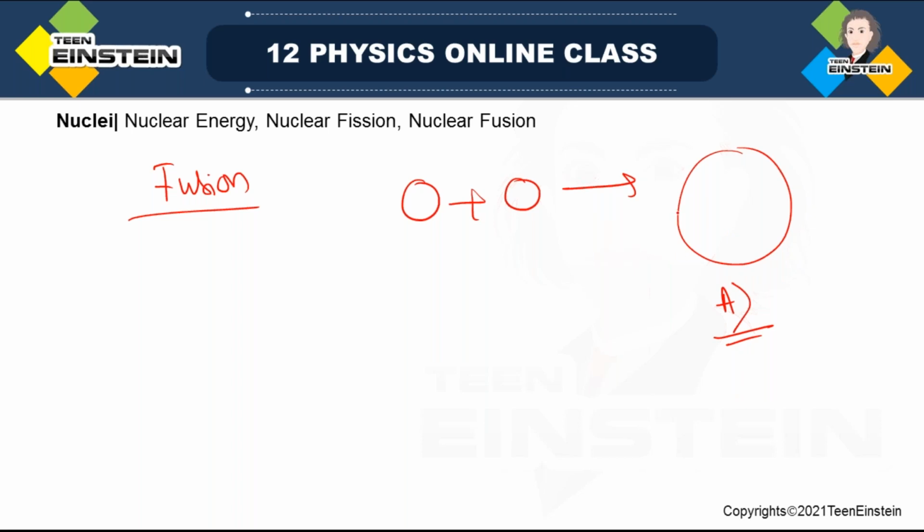So when two nuclei are fused to get a bigger nucleus, it will have greater binding energy. Whenever in any reaction there is greater binding energy in the product, there will be a release of energy Q.